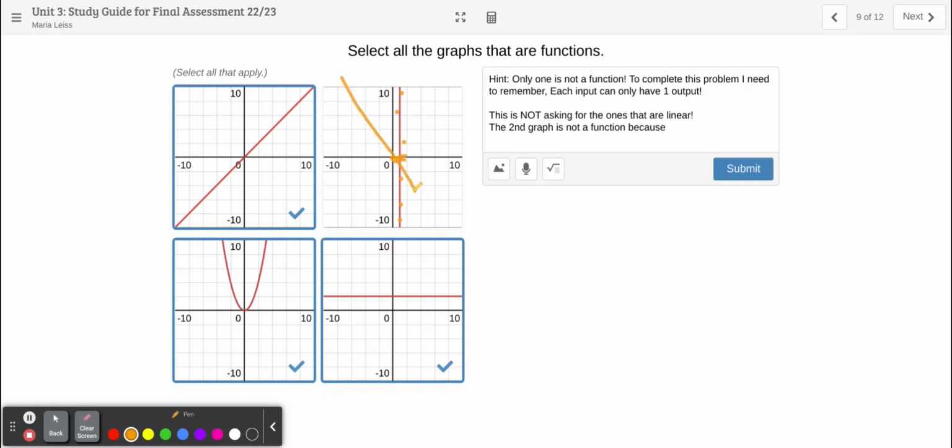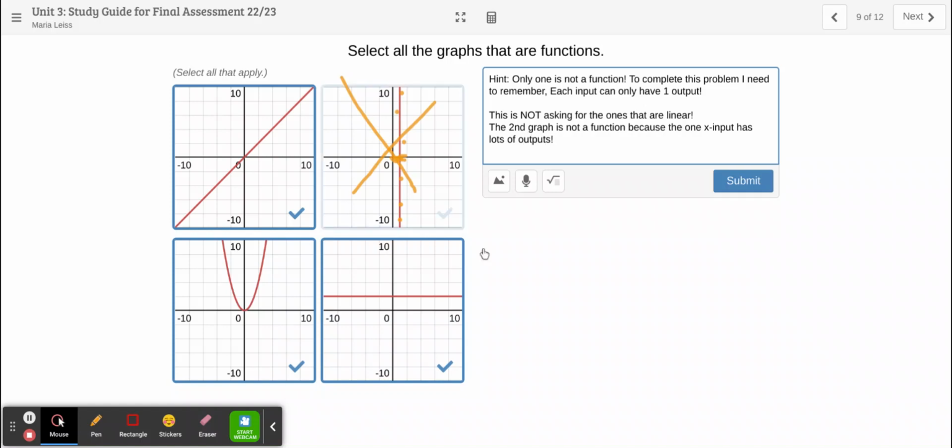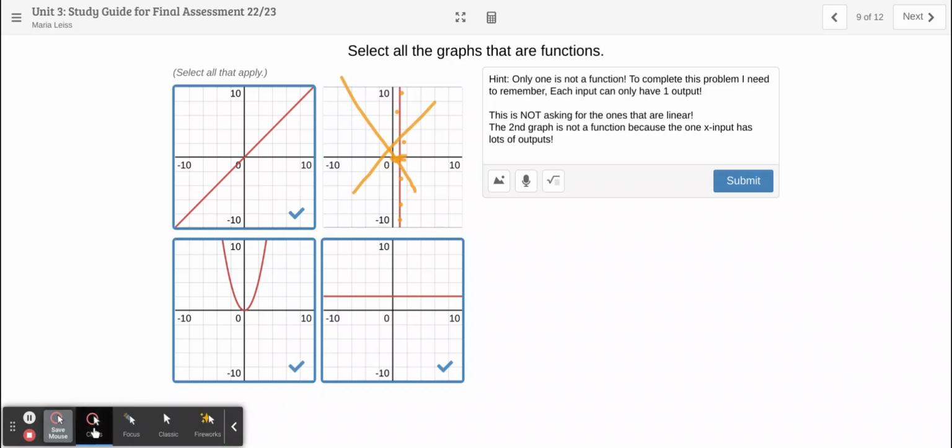So that's why this one is not a function. If you get this one wrong on the assessment, it's because you picked linear and you did not pick the function one. All right, we got a couple more slides to go.